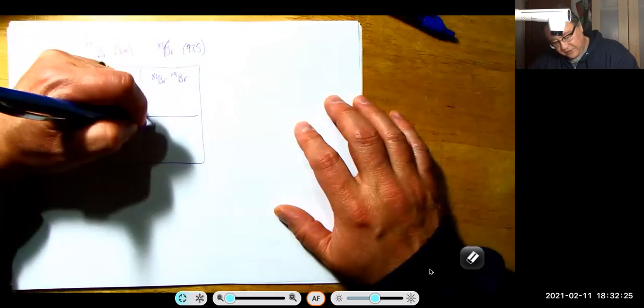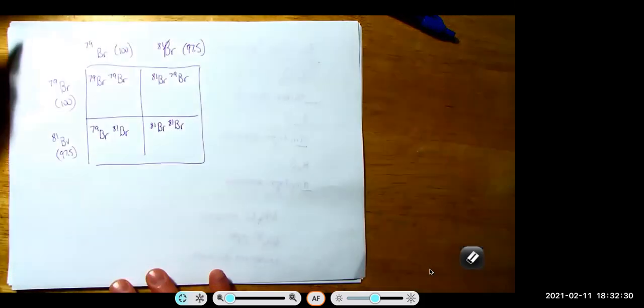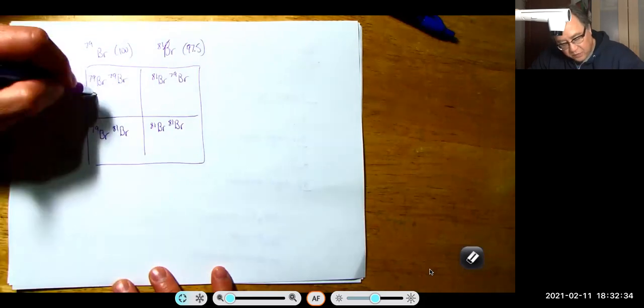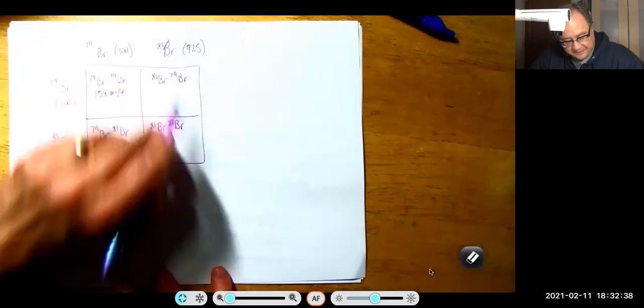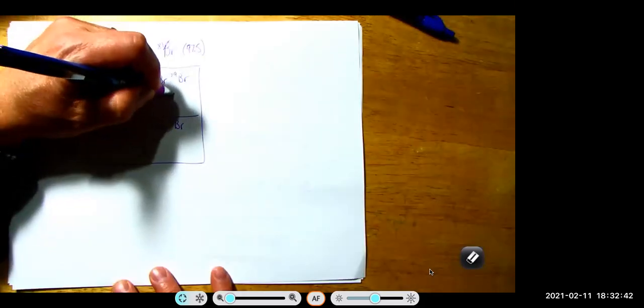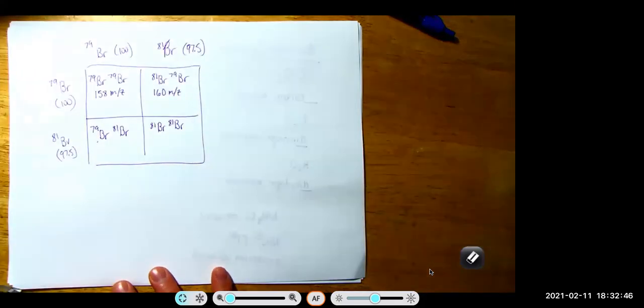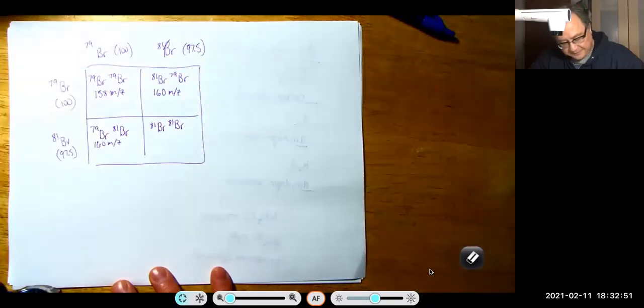And here, you can't tell I'm doing the top one first because they're the same. So how much does one of these weigh that has two of these? That'd be 158. And how about this one? That one's 160. And how about this one? Also 160. And how about this one? 162.